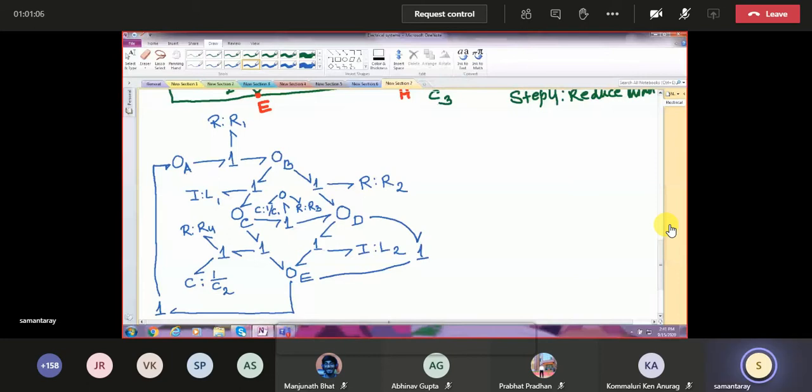Between D and E, we have the same flow passing through R5 and the electrical transformer. The modulus of the transformer is the number of turns on the primary side by the number of turns on the secondary side.